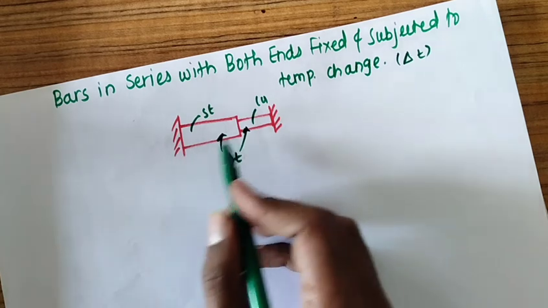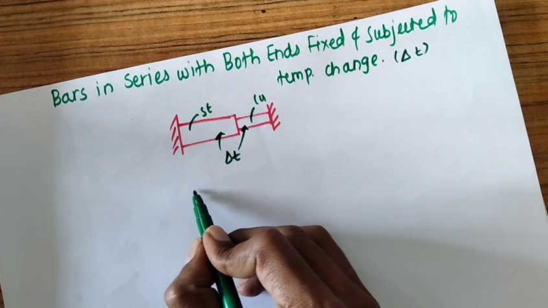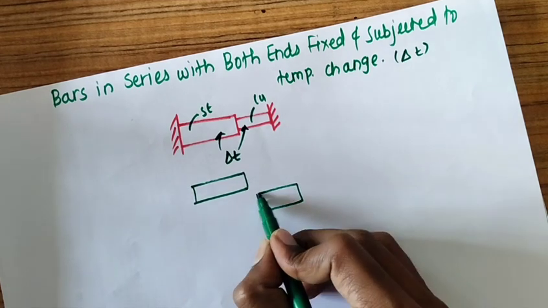To understand this, we know that whenever both ends are fixed, we can draw the FBD of these shafts. This one is the FBD of steel and this one is the FBD of copper.